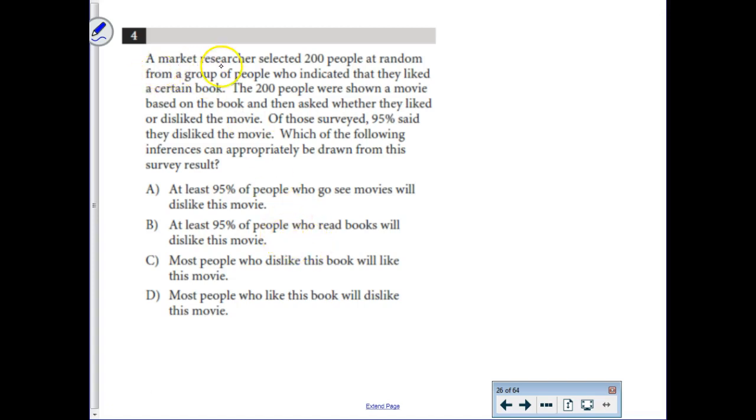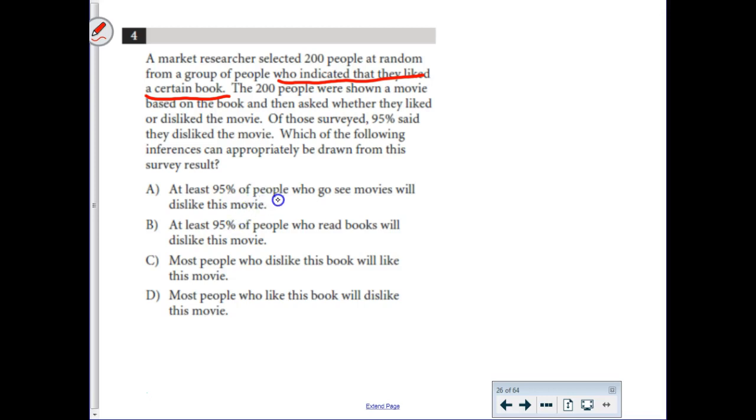All right, number 4, a market researcher. Oh, pre-calc, we've already done this question, I think. Actually, algebra 2, I think we've done this question too, so don't spoil it. A market researcher selected 200 people at random who indicated that they liked a certain book. So you have to pay very careful attention to the population and the sample that they're surveying from.